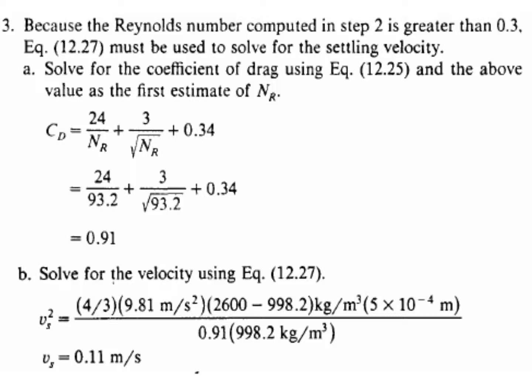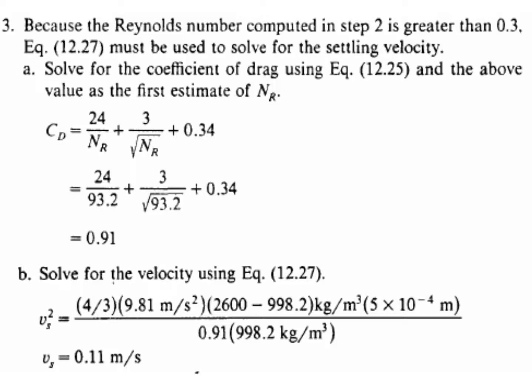If you calculate, the settling velocity will be 0.11. If you compare with the previous slide, this problem is trial and error. You started with 0.22 and ended up with 0.11.